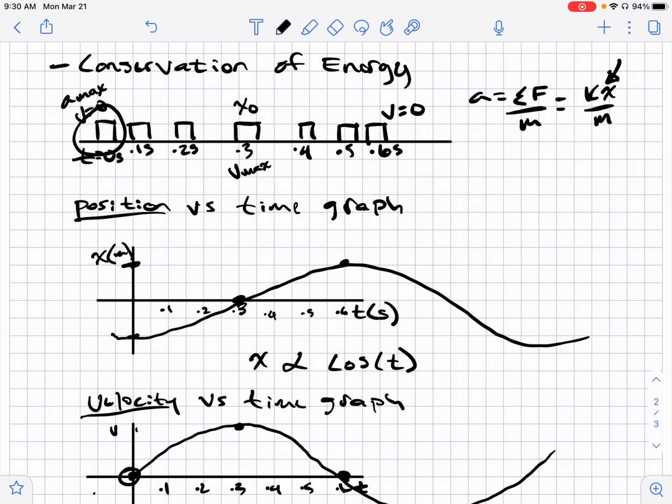That means you have your greatest force, which means you have your greatest acceleration. And same thing over here, this is going to be your max acceleration because you have the greatest force here. And at x naught, remember this is when you have your maximum velocity, but you're not stretched, so that means you have 0 acceleration. So your acceleration is equal to 0 at your equilibrium position.